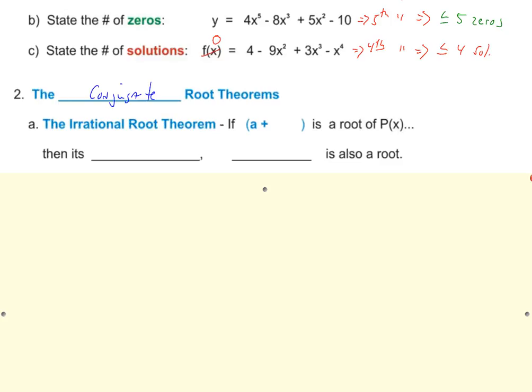So the irrational root theorem says if a plus the square root of b is an irrational root of some function p of x, then its conjugate is also a root.